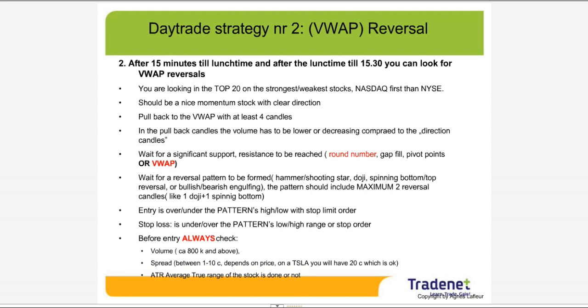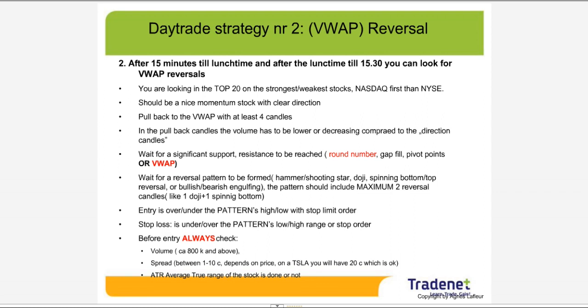No, you need an exact and accurate reversal pattern. We need that for sure to be established. And after we see the pattern, after the confirmation candle, we can go long. But it is more important that in the pullback you see lower volume.